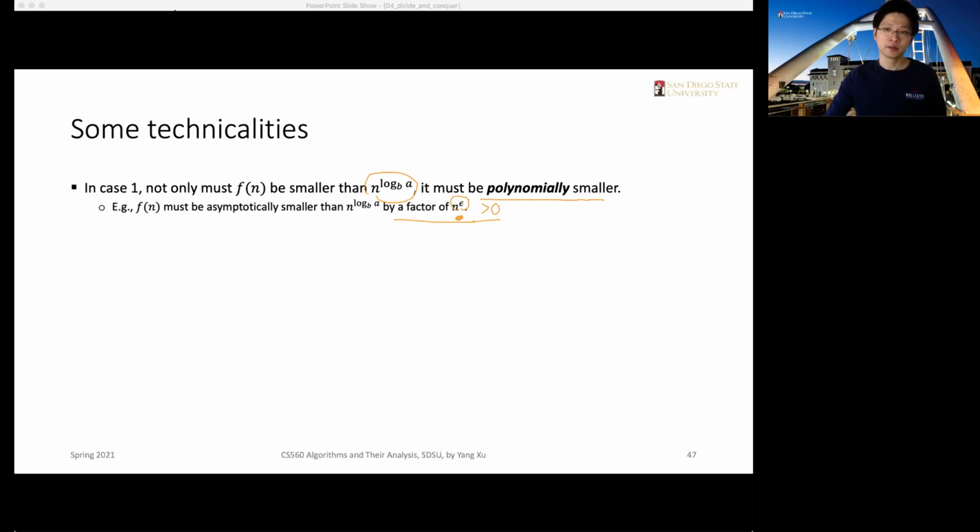This is quite important because sometimes a function is of lower order than another one, but it is not necessarily polynomially lower. The most famous example is the logarithm function.